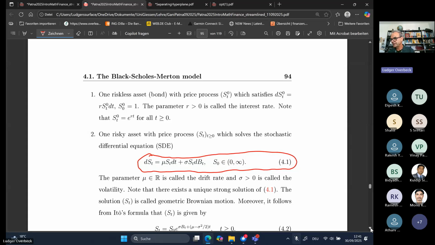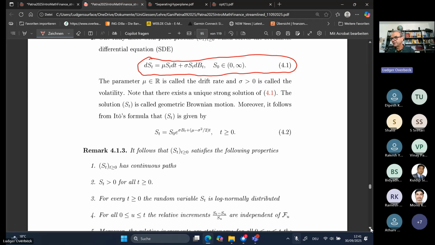You see this because the solution of equation 4.1 is this one. So our S_t is called a geometric Brownian motion. If you just take the log of this one, you get a Brownian motion with volatility sigma and drift mu minus sigma squared over 2 times t. It's not driftless. So the log of this is a Brownian motion with a drift.